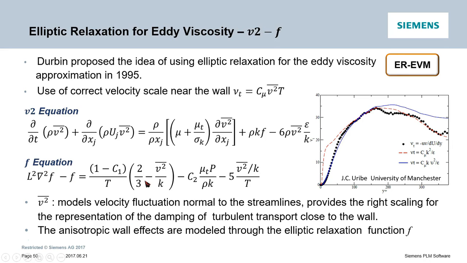The objective of this model is to retain the near wall stress anisotropy but to embed it in a more computationally tractable formulation. And it also implicitly states that the relevant velocity scale near wall is wall normal fluctuations rather than turbulent kinetic energy.